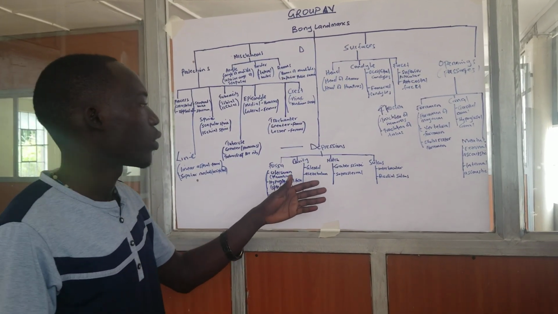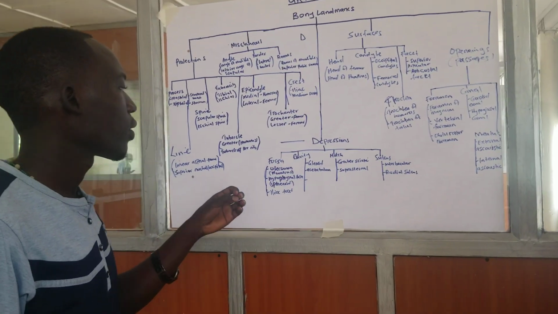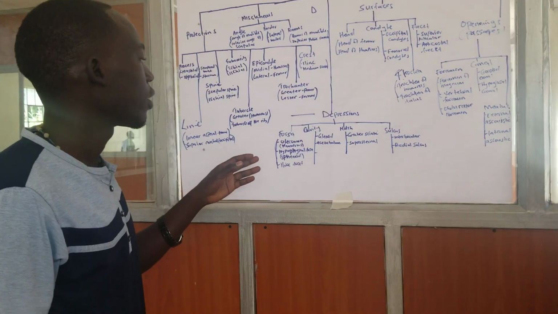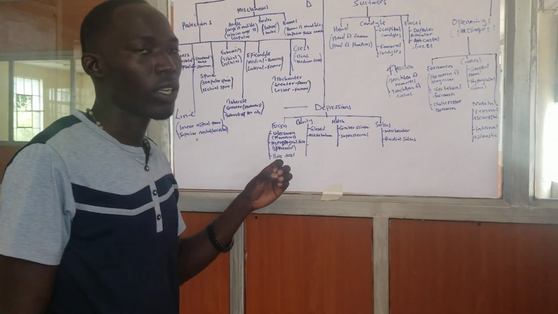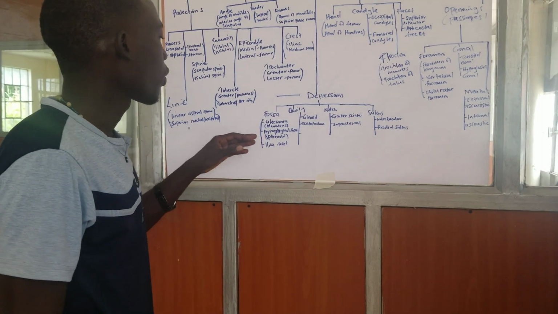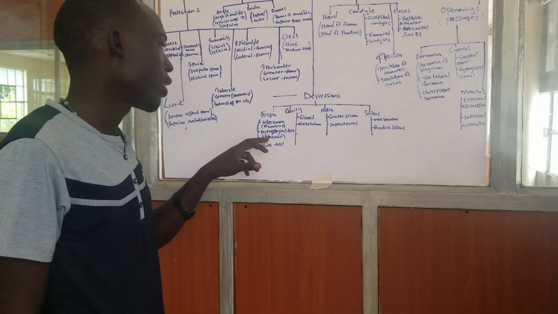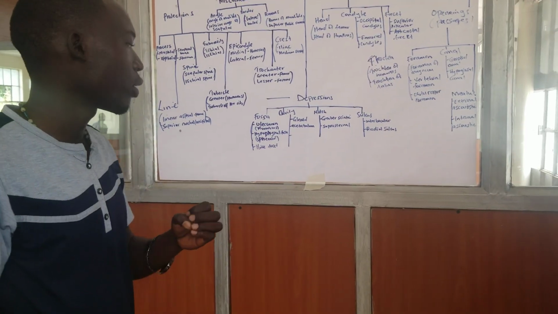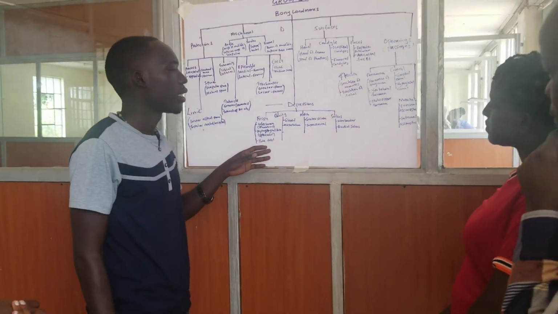Under depressions, we get the fossa, such as the olecranon fossa, seen on the humerus bone. Then we also get the hypophyseal fossa, which you get on the sphenoid bone.